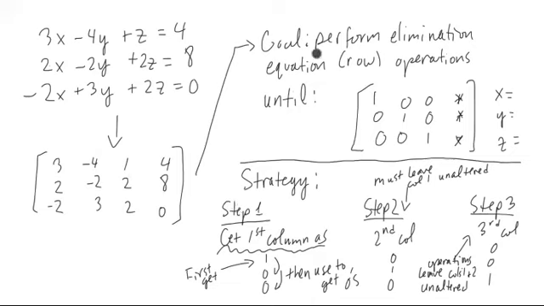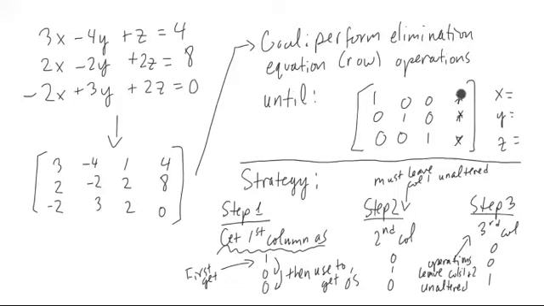The goal is to perform elimination equations one after another until you arrive at something that looks like this. This would be nice if our system of equations could turn into something like this, because what does this mean? This means 1 times x plus 0 times y plus 0 times z is equal to something.